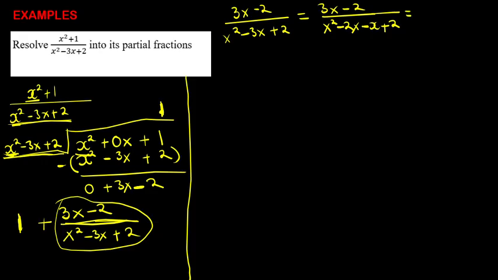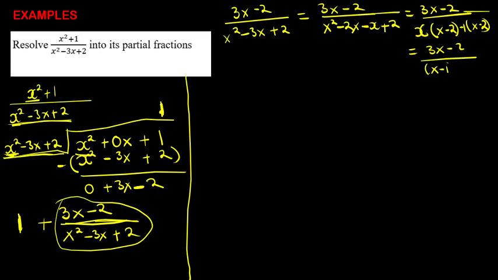Then from there now, I will factor out the denominator. Then I'll have x outside, open, then x minus 2, then negative 1, then x minus 2. So there it will be (3x minus 2) over (x minus 1)(x minus 2).